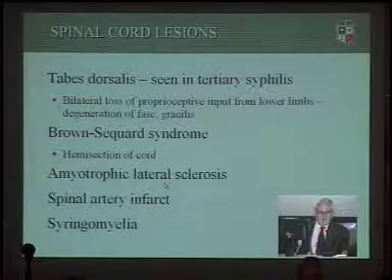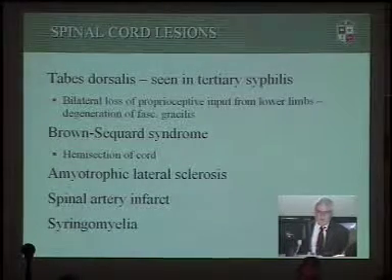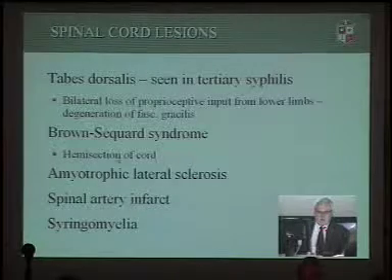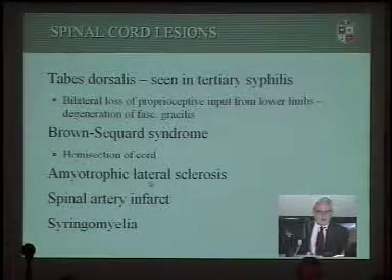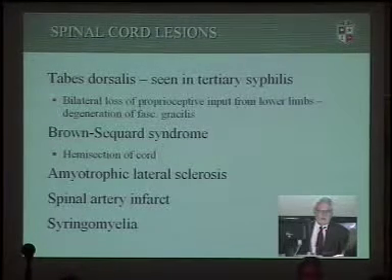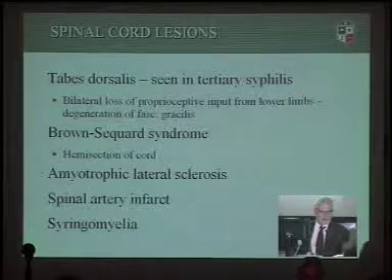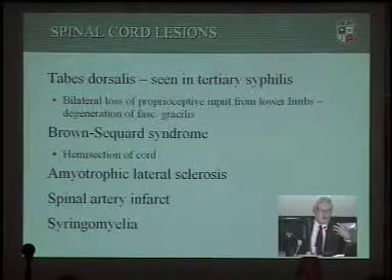ALS is an autoimmune disease, and again, you should review that. It basically is degeneration of the long, heavily myelinated neurons in the cortical spinal tract, as opposed to multiple sclerosis, which can have a lot of different presentations.